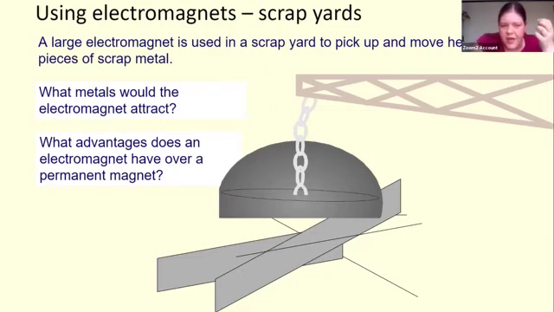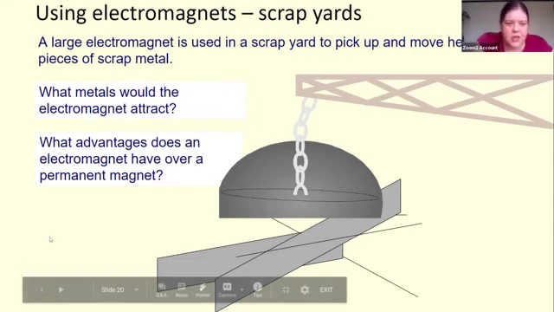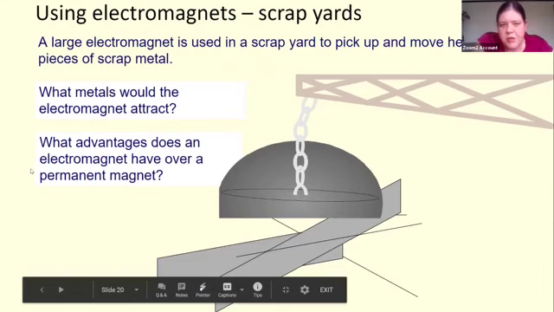The advantage it has as an electromagnet, you should hopefully be able to work out, is that it can be turned on and off. So it's not always going to pick up everything. You can turn it on, pick it up, move it, turn it off, and drop what you want to get dropped down. So that's why I've included that one, just in case you get any questions on uses.